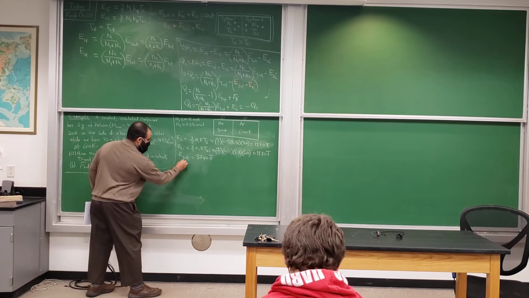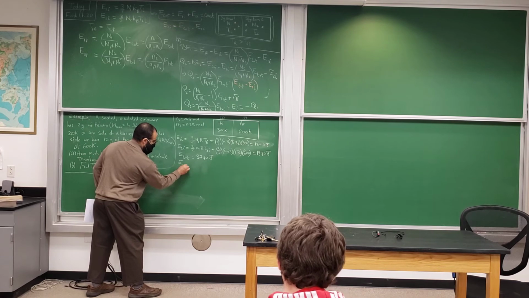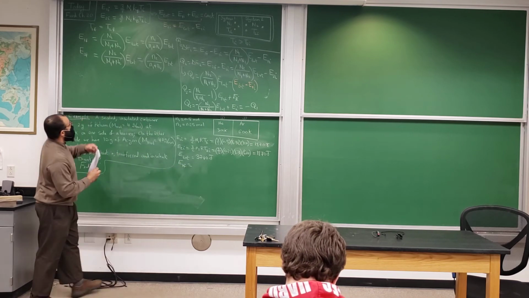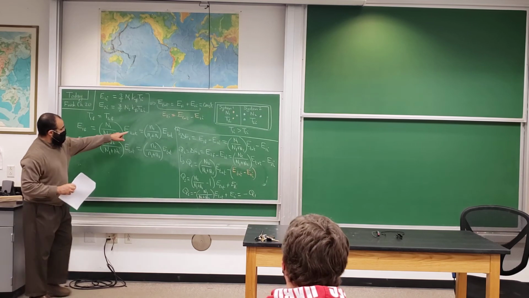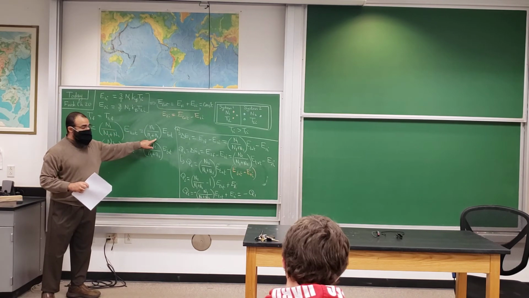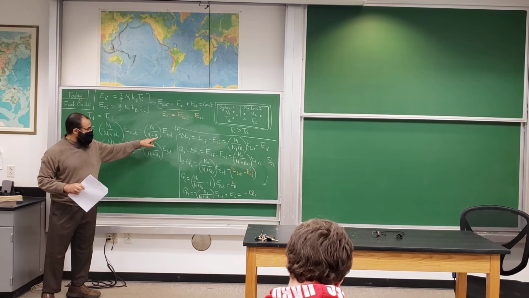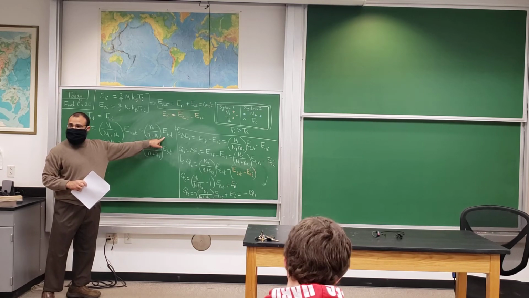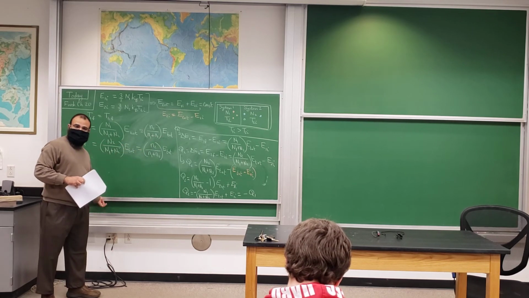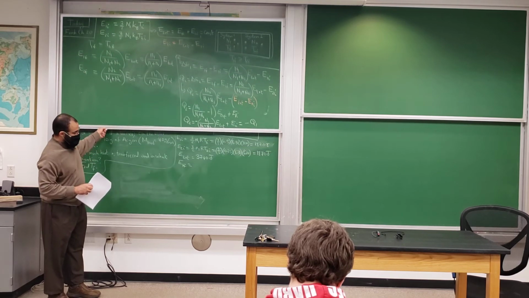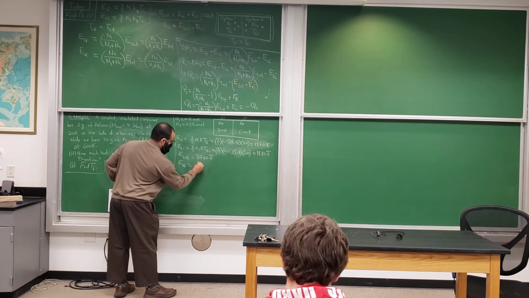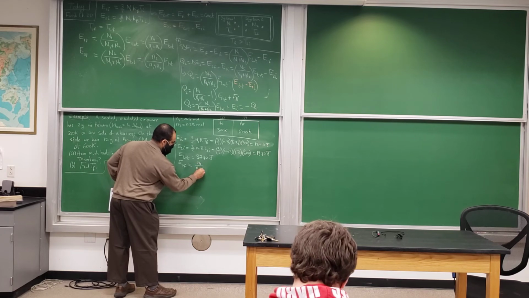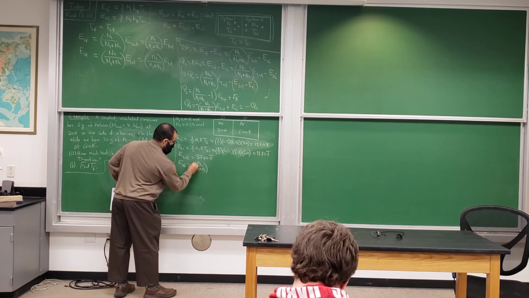So E1 final. It's the number of moles of 1 divided by the number of moles of both systems times E total. And then the same thing for number 2. So let's do that. E1 final will be N1 over N1 plus N2 times E total.